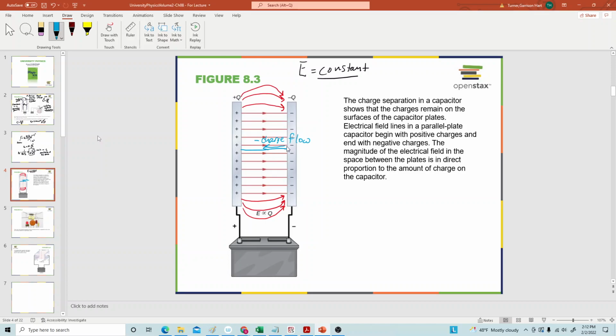Since the negative charges are the ones that can actually move, they would flow and discharge the capacitor. And this process happens really quickly. When you connect two plates of a charged capacitor, the discharge is nearly instantaneous.